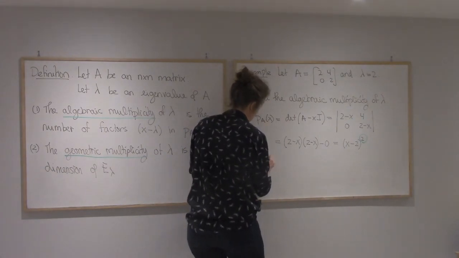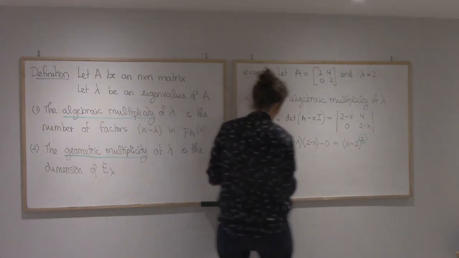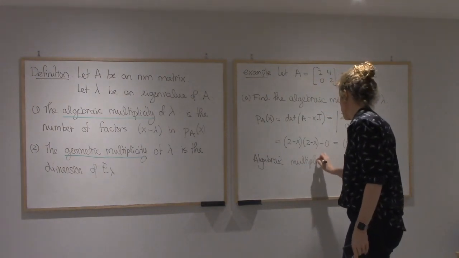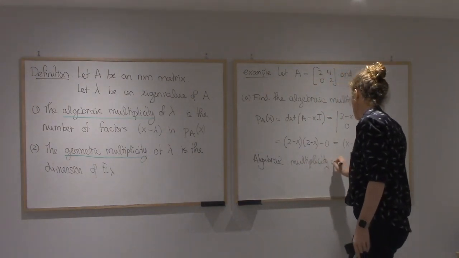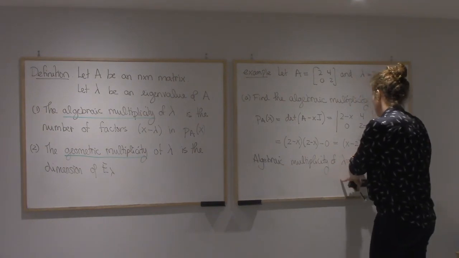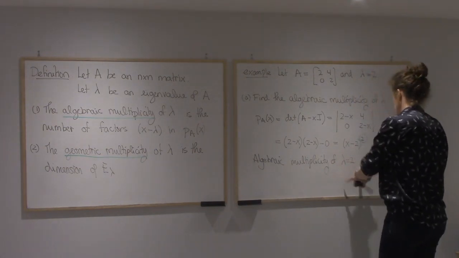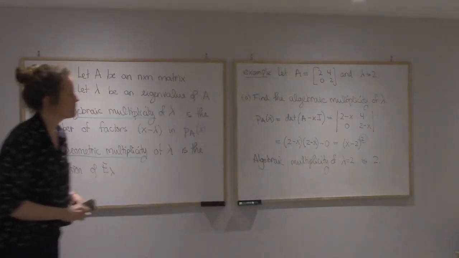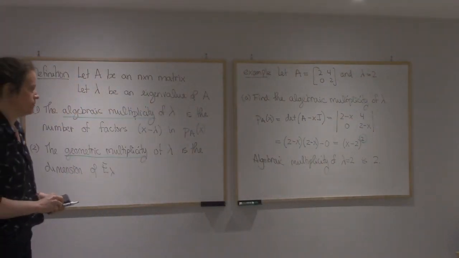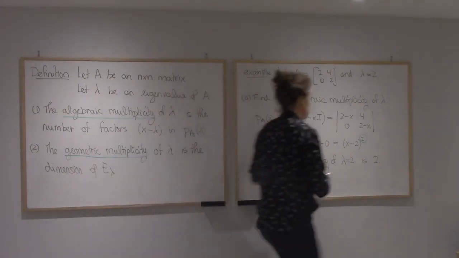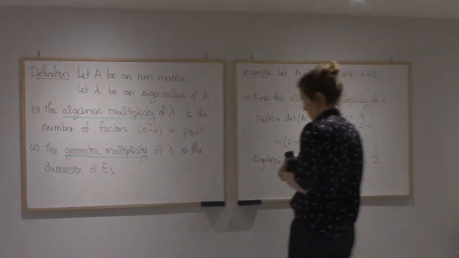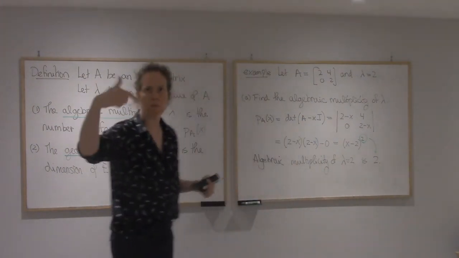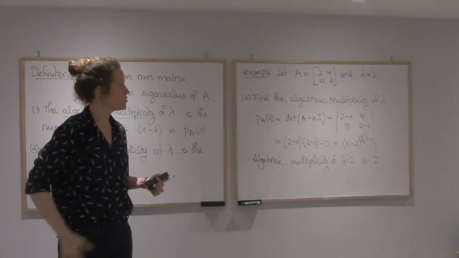So the algebraic multiplicity of lambda equals 2 is 2. All right, so algebraic just means the number of times x minus 2 was a factor.